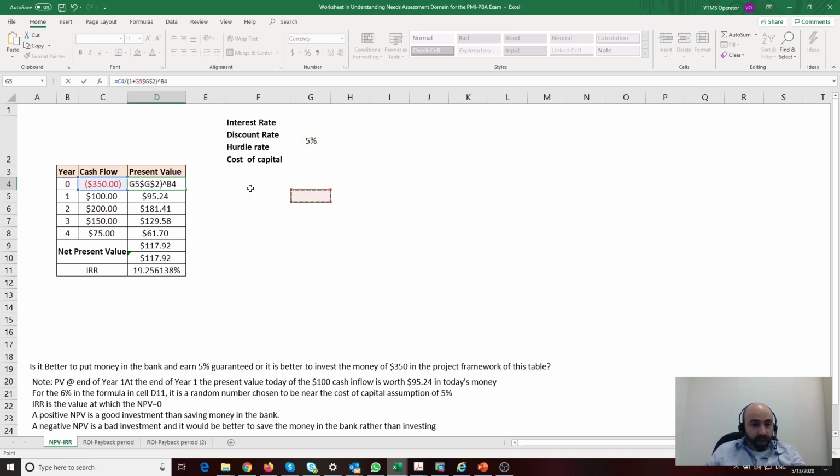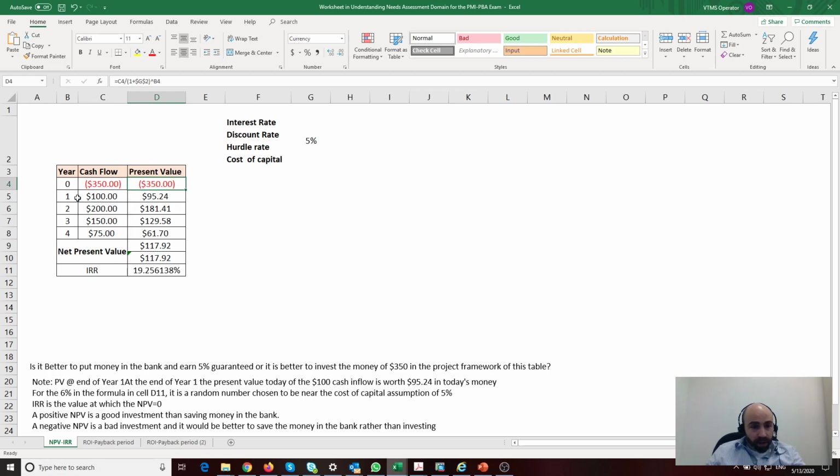That will give me this value, which is negative. So the present value at year 0, when we just started that project, is minus 350.